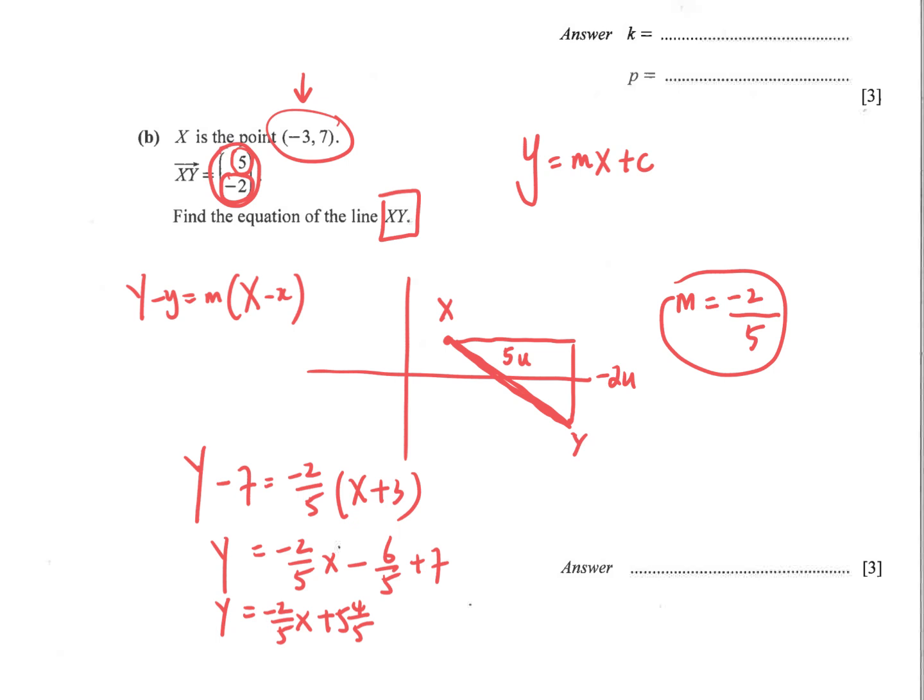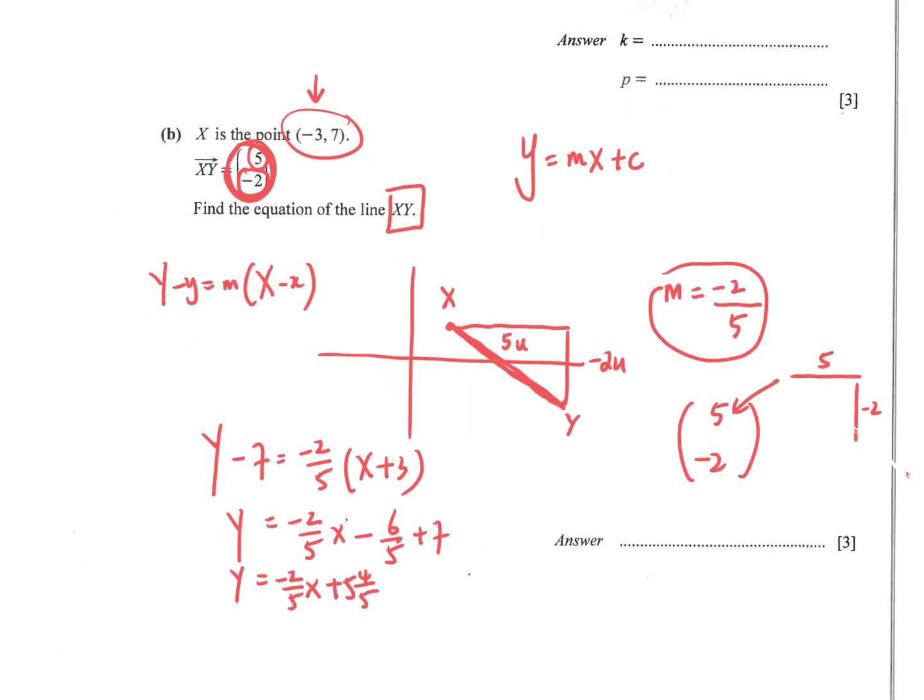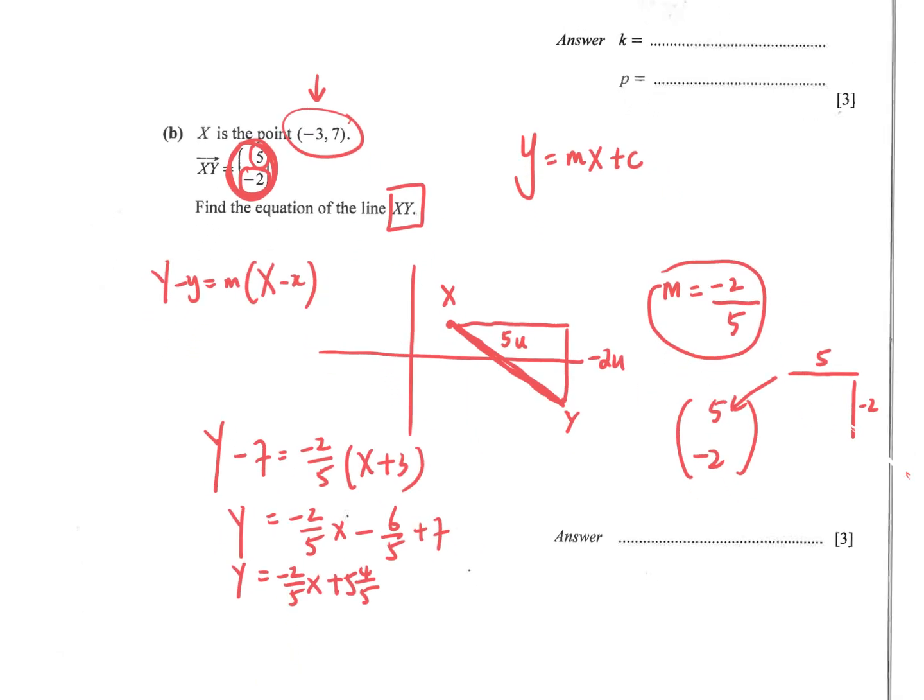Okay, we must understand what does the vector mean. Vector means this is moving in the x positive direction 5 units, moving downward 2 units. So this is the line that we are drawing from x to y. That means this is starting from x to y.